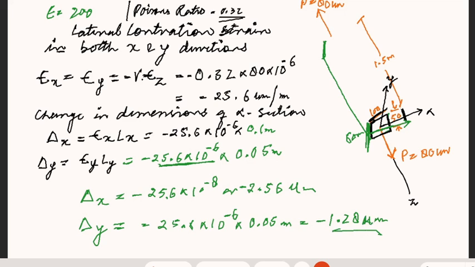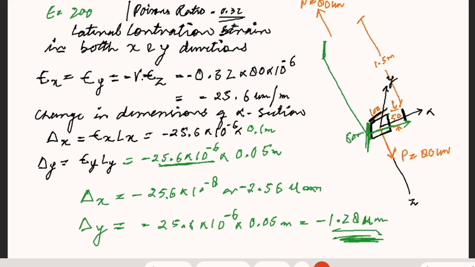They both are contracting. In x direction, the width is getting shrunk by an amount of 2.56 micrometer. And in y direction, it is shrunk by an amount of 1.28 micrometer. And it is getting elongated in longitudinal direction by an amount of 120 micrometer, which we have already calculated.